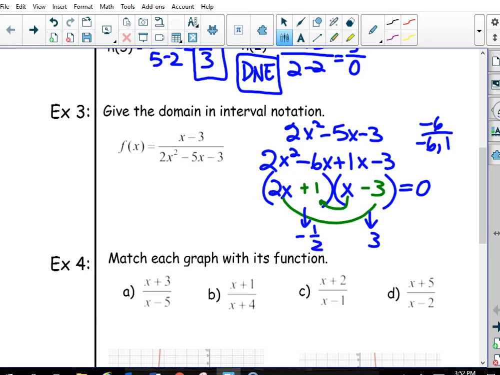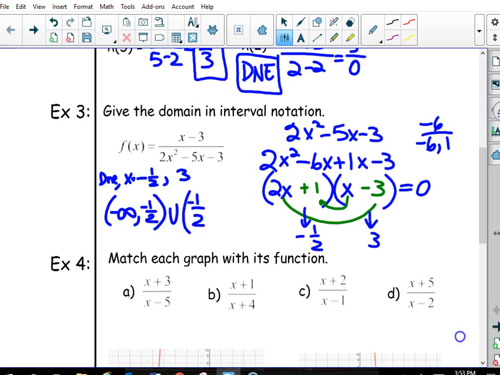So I'm going to write the domain restrictions in interval notation. And it's important that you have your numbers, like mine are, in the order that you would see them on the number line. Okay, so between -∞ and -1/2, I'm good, but not at -1/2.